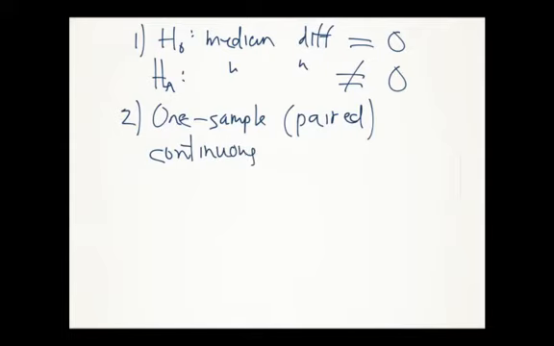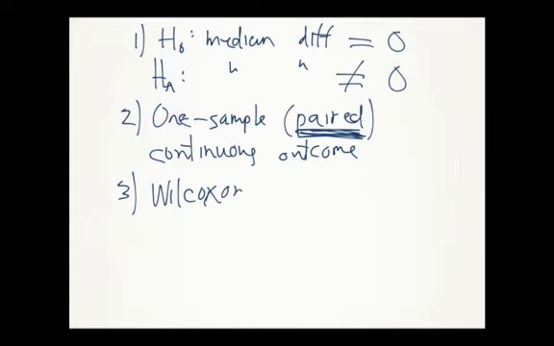Again, by paired we mean that there's a healthy control and a diseased subject that are matched. And we've decided to use the Wilcoxon because normality does not look justified. We looked at the histogram. It didn't look normal. We only have 10 matched pairs, so we've decided to use the Wilcoxon signed rank test.